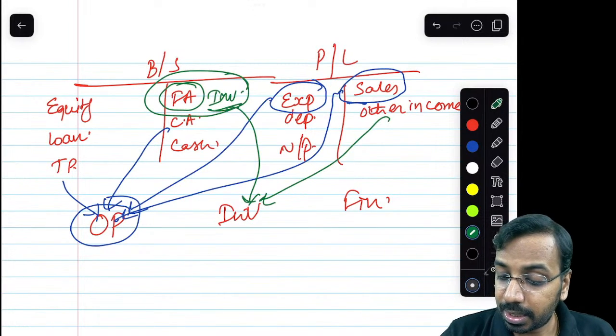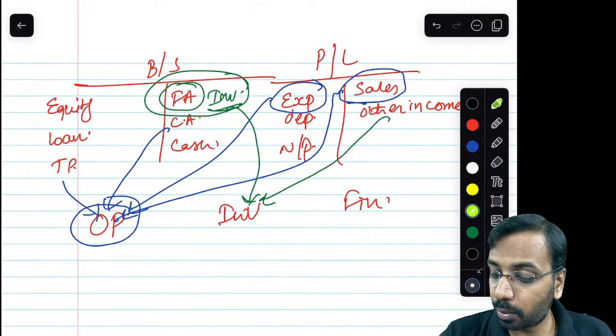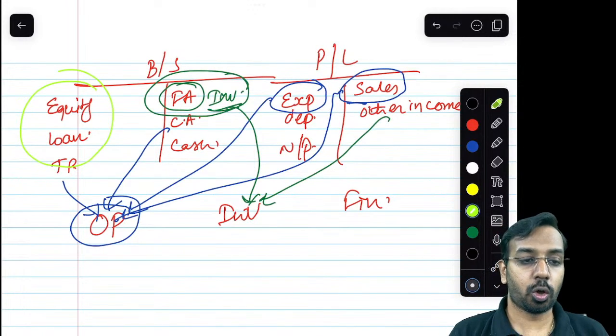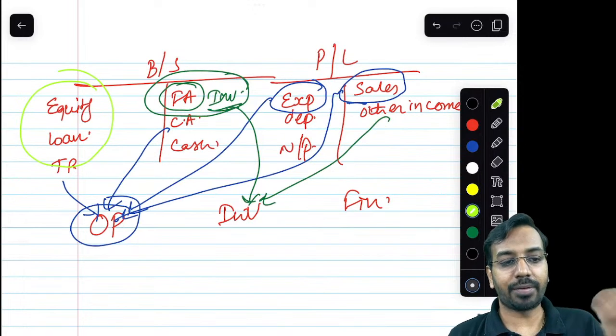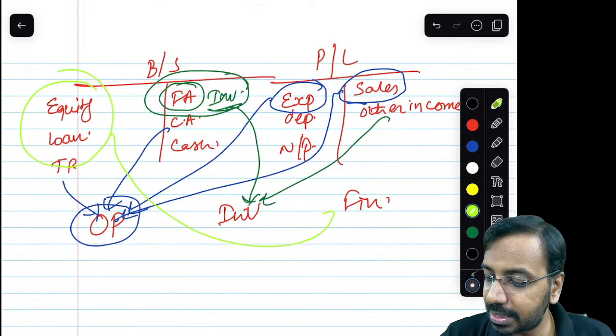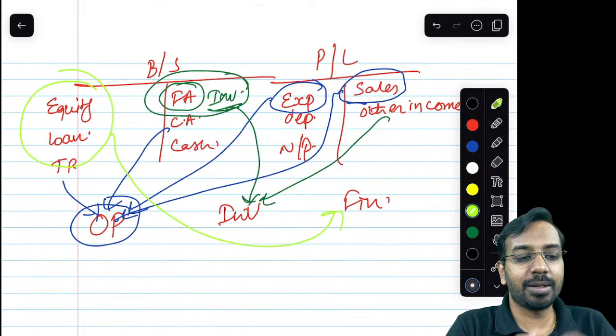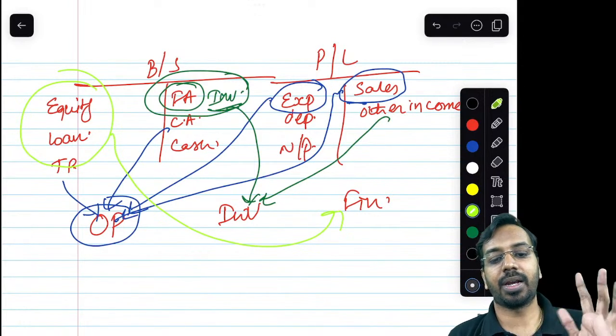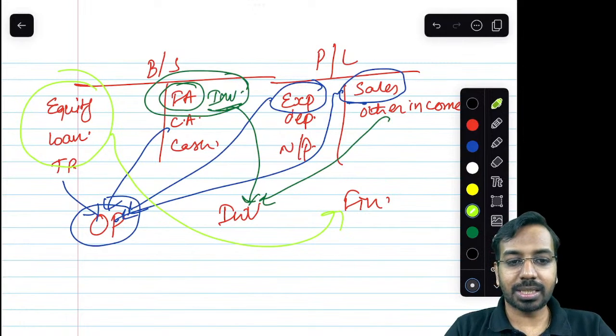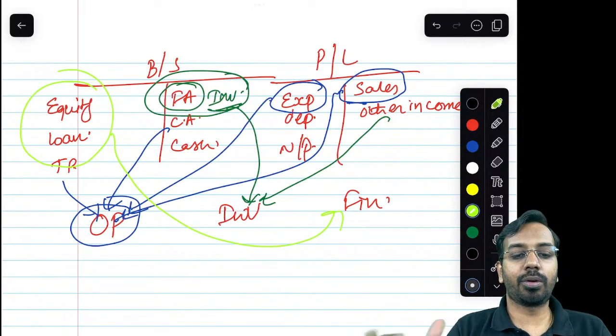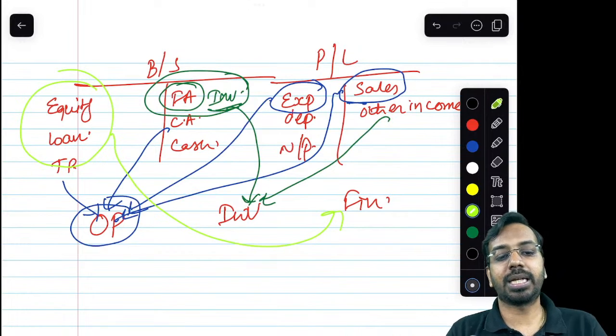Then if I want to raise money by equity or loan, I have issued shares or I have taken loan, these are my financing activity. Financing activity means how am I raising money for my business. This table summarizes how you classify in operating, investing and financing activities.